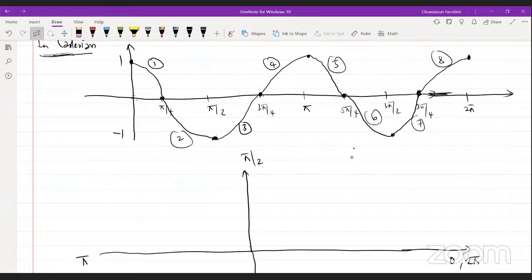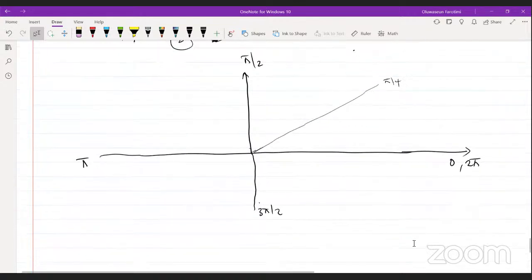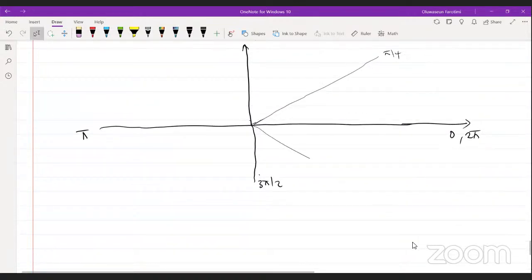Between 0 and pi over 4 gives me number 1, right? Between 0 and pi over 4, what do we have? Increasing or decreasing? That's decreasing, right? So that means I go from 0 to pi over 4, so let me do something like this. This is pi over 4, right? This guy is 7 pi over 4. This guy is 5 pi over 4.